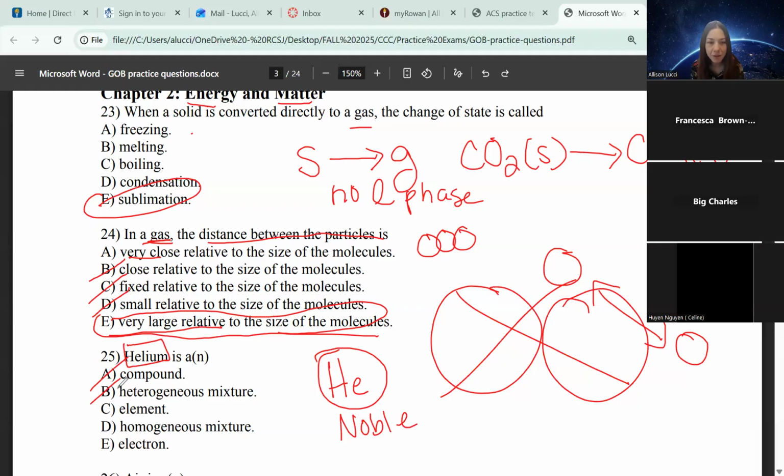We're just focusing on the helium. Is it an element? Yes, it's definitely an element. Is it a homogeneous mixture? Well, no, because we're just talking about helium and we need two or more things. It's not an electron. No. So don't try to think of more details. Don't try to add outside stuff beyond what you're given. That will confuse you and make you think longer than you need to.